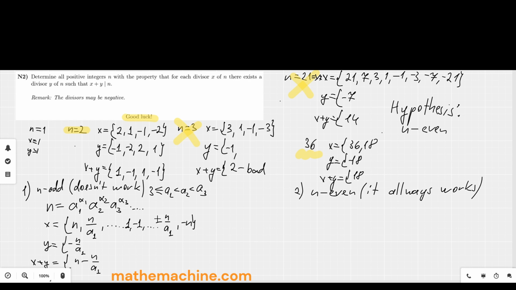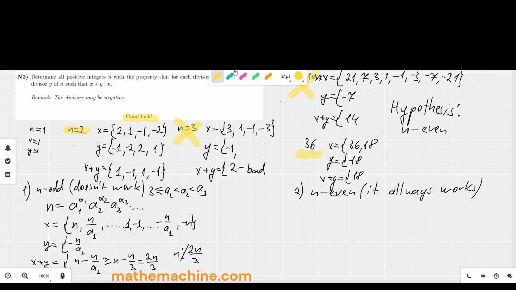But let us evaluate. Since a1 is greater or equal than 3, this expression is greater or equal than n minus n over 3, which gives us 2n over 3. And n obviously is not divisible by 2n over 3.